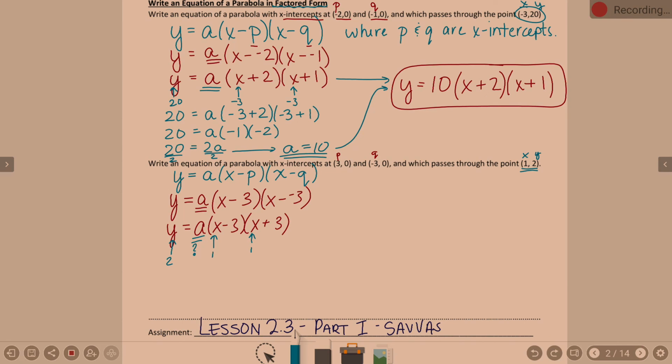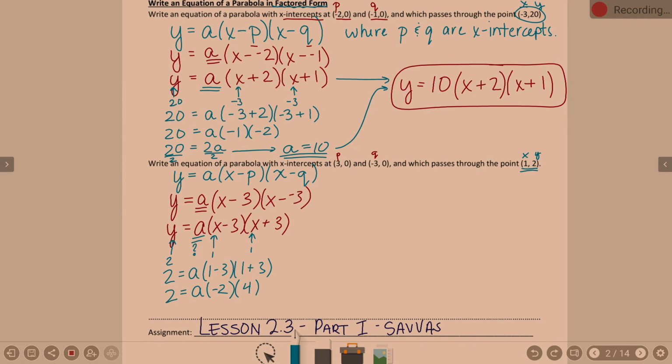So 2 equals a times 1 minus 3 times 1 plus 3. Two equals a times 1 minus 3 is -2. 1 plus 3 is 4.